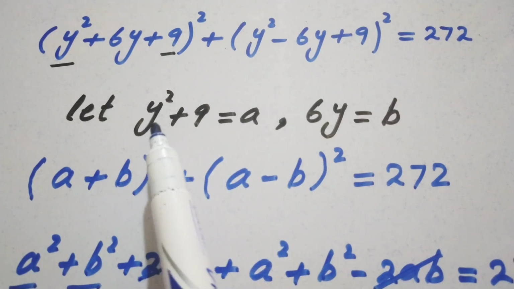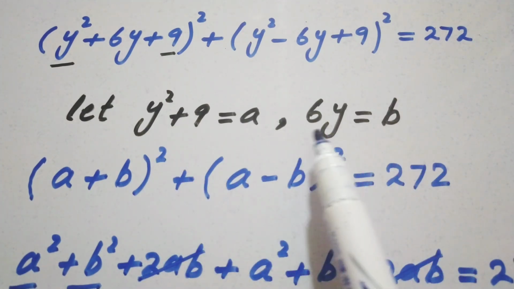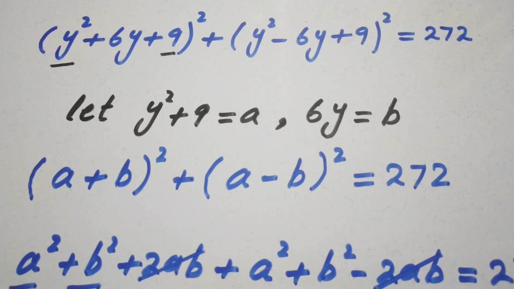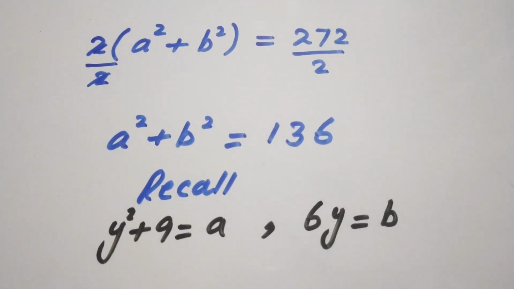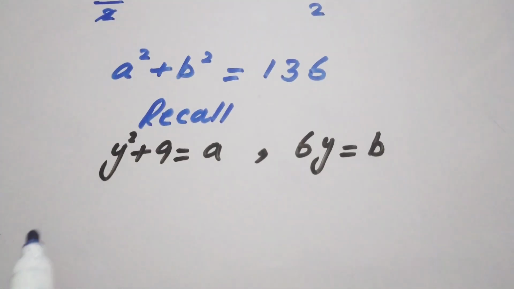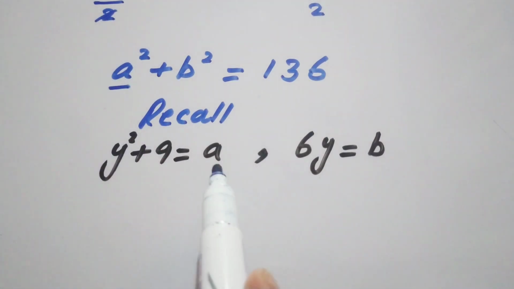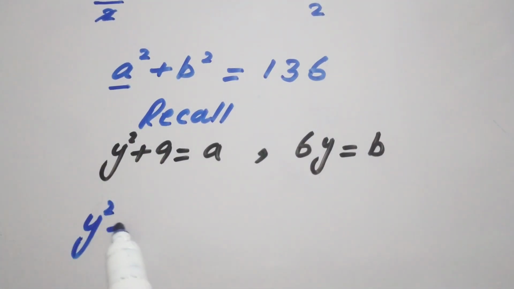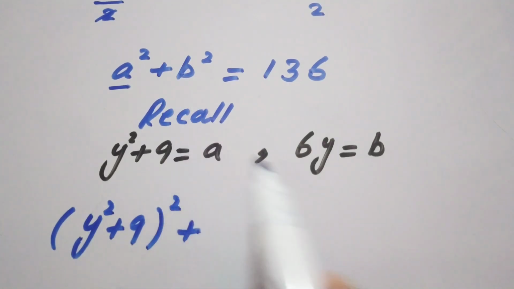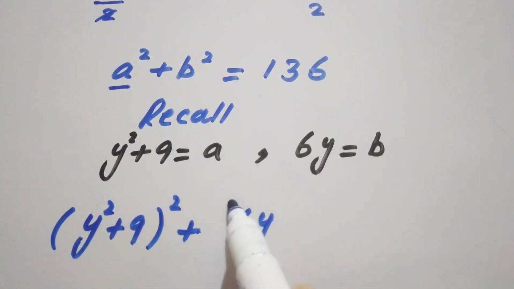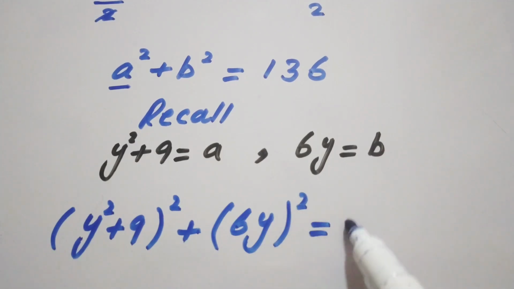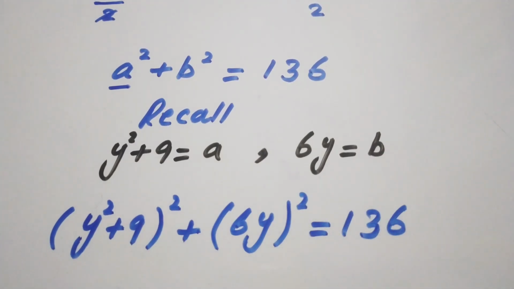Now recall that a is equal to y^2 + 9 and b is equal to 6y, which was our supposition. Now this equation will become a^2, a is (y^2 + 9)^2, plus b^2, b is 6y, (6y)^2, is equal to 136.